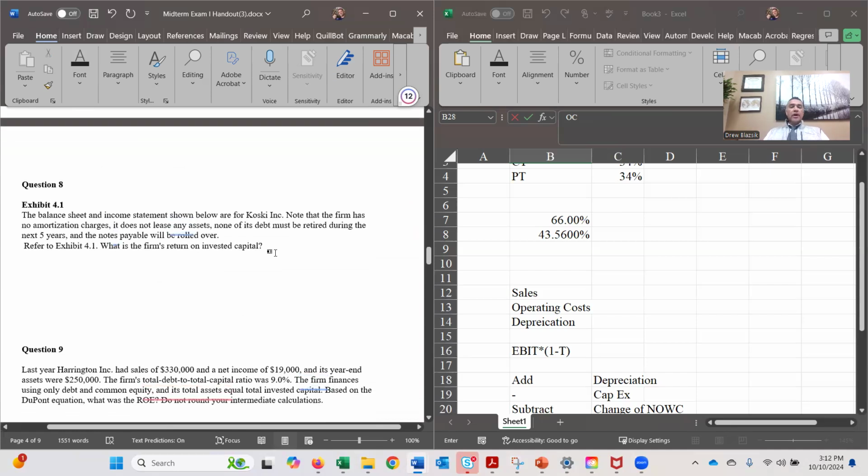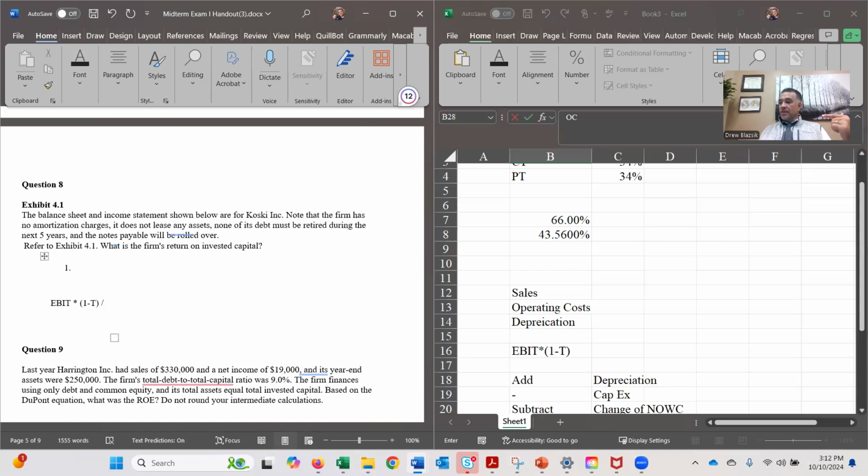I will go over this part here. So we're using the same balance sheet, same income statement. What is the firm's invested capital? So what we want to do with that one is you want to take EBIT and I'm going to multiply that times 1 minus the tax rate. And you want to divide that by invested capital.